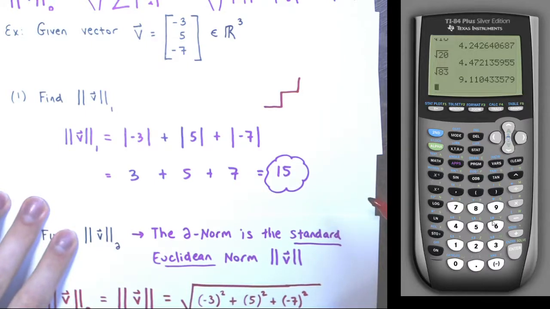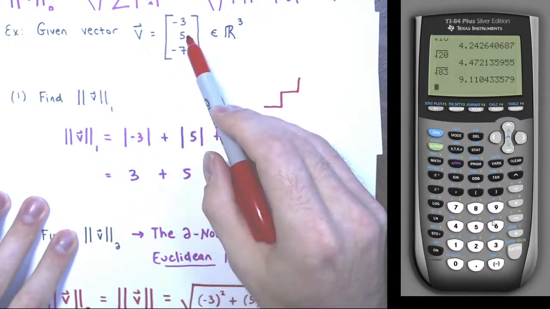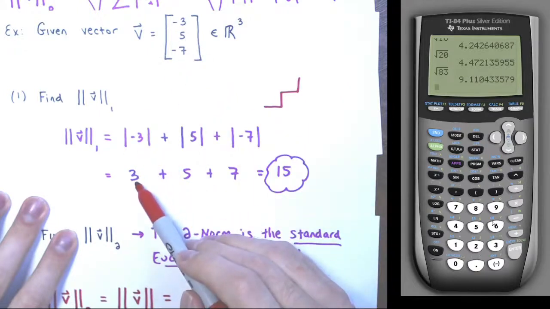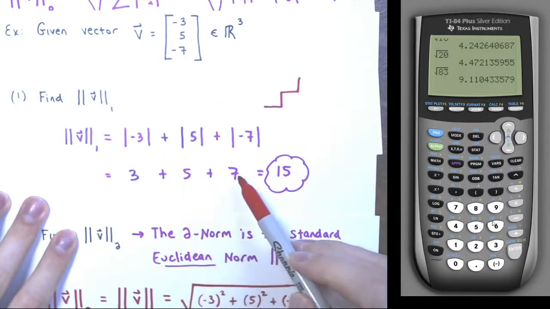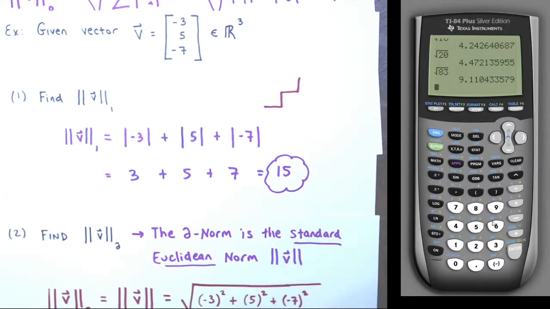So if I thought of a unit as a city block, to get from the origin to this point, I'd have to go 3 blocks, then 5 blocks, then 7 blocks, a total of 15 blocks. So my distance, my norm would be 15 units, if the units were city blocks.